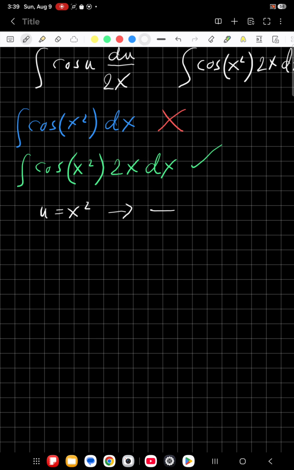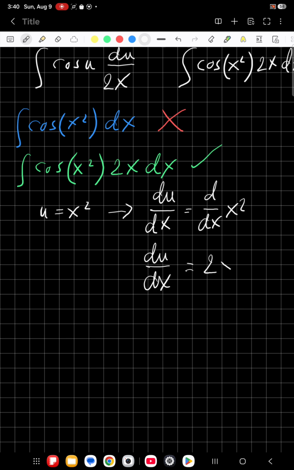On the left side, remember we're integrating with respect to x, so du dx. And then the right side, maybe I'll do it a little bit slower: d dx of x squared. Alright, so du dx equals 2x. Now we're solving for dx, and we get du over 2x. Okay, I hope so far so good.